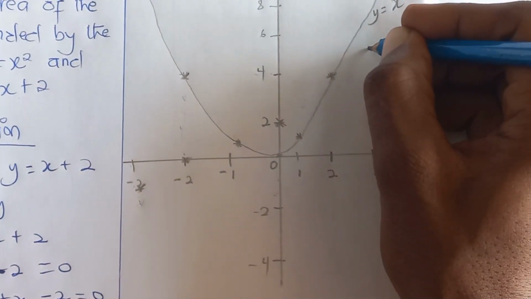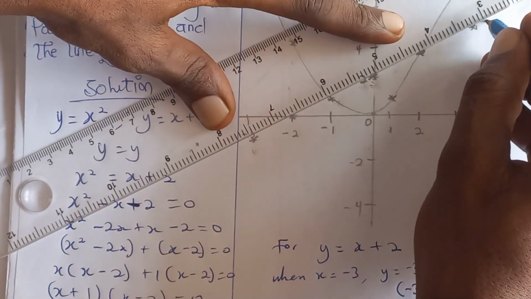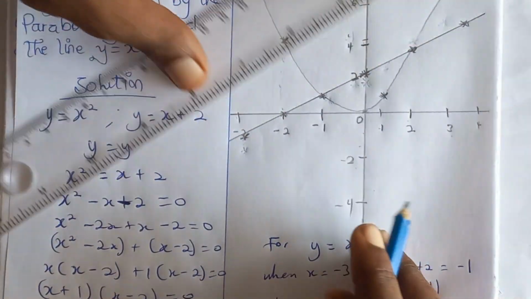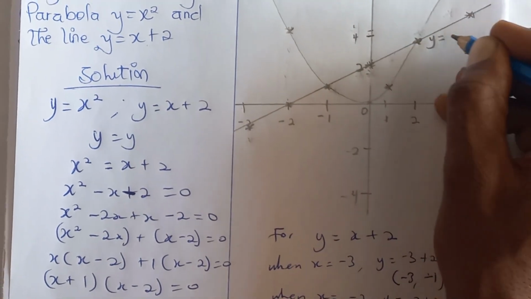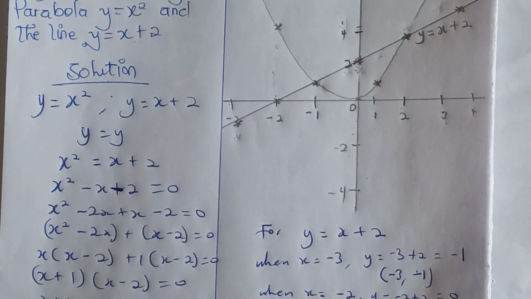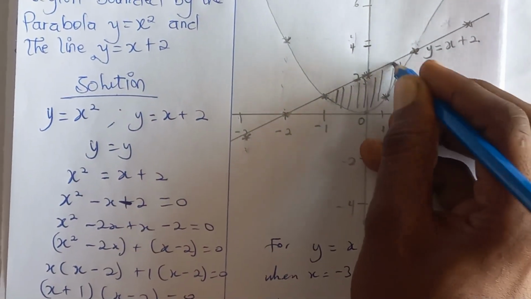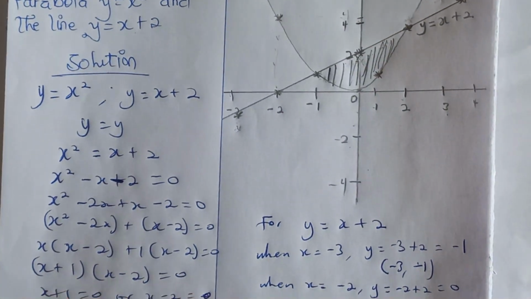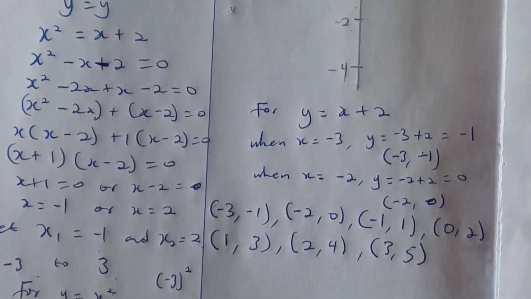Right. That's why I'm using the ruler to join it like this. And this is the line y is equal to x plus 2. So this is the region we are to calculate for. This is what we need to calculate the area for.